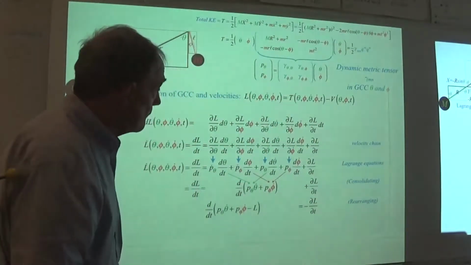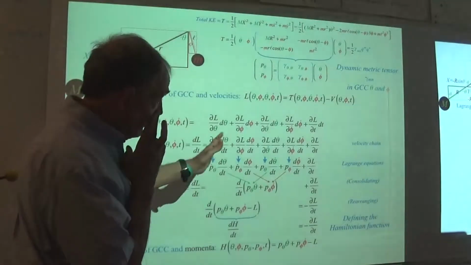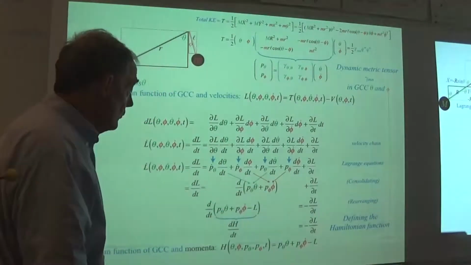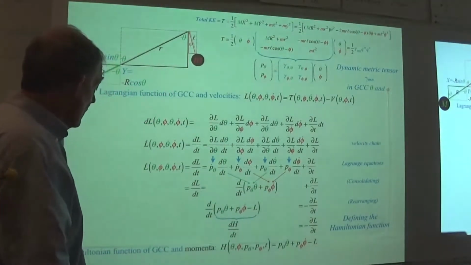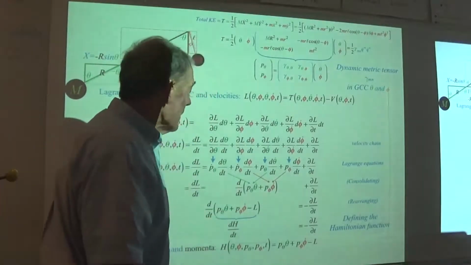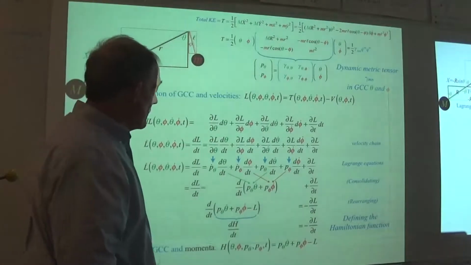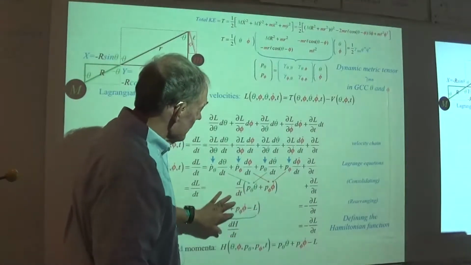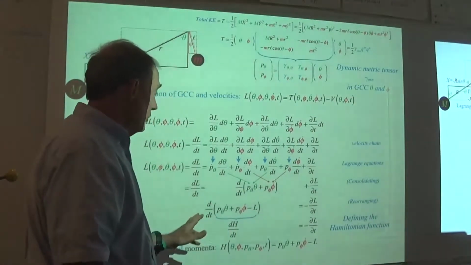Now, trying to keep this thing in exactly the same order as when we do this with just simple polar coordinates, but the basic idea is that this thing right here, that's our Hamiltonian. That's the Hamiltonian.